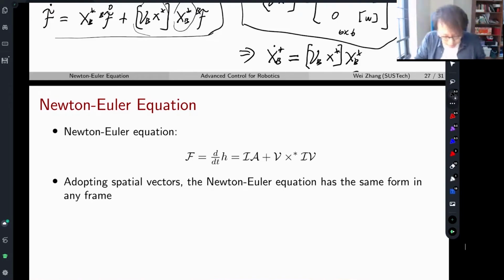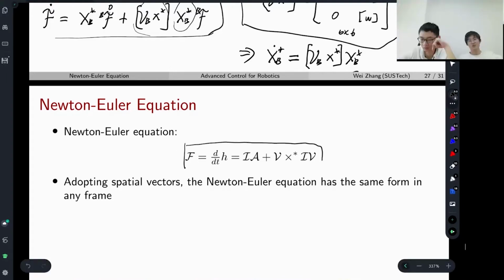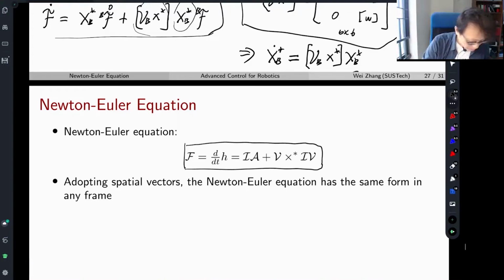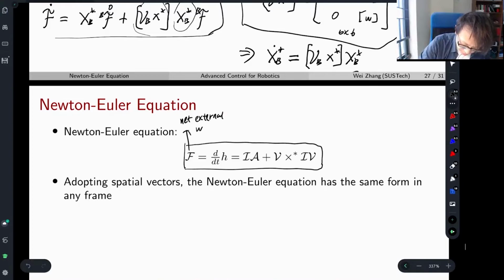And here it's just this. What physics says is that the change of momentum equals the total net external wrench applied.